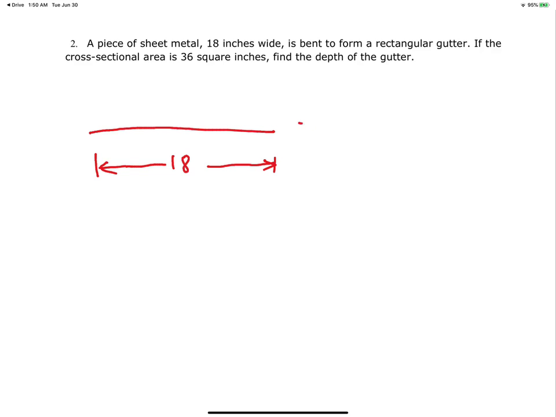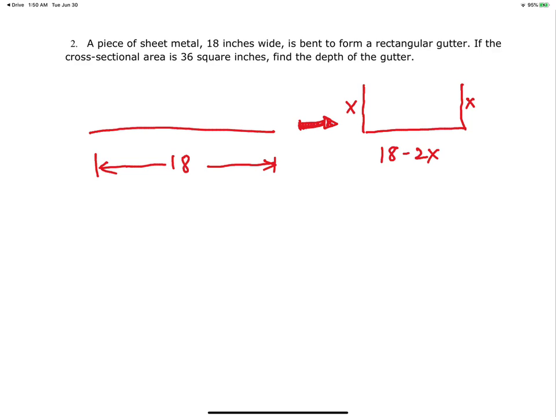And since we're trying to bend it into a rectangular shape, right? If we're trying to bend into a rectangular shape, that means these two sides have to be the same, and therefore the bottom is going to be 18 minus 2x. Okay? So this is where we're going to get our rectangular shape from.